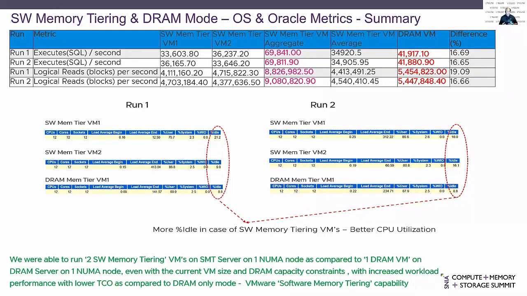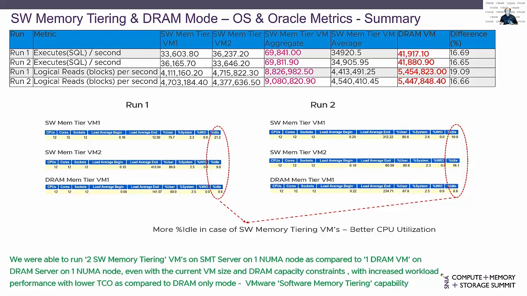So essentially, you are able to get more idle cycles back by running these workloads on the software memory tiering server. If we look at run 2 as well, the stats are almost the same. You have an idle percentage of 10% for virtual machine 1.